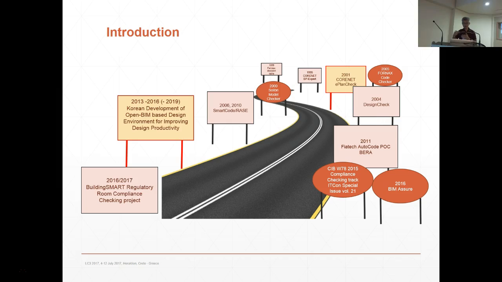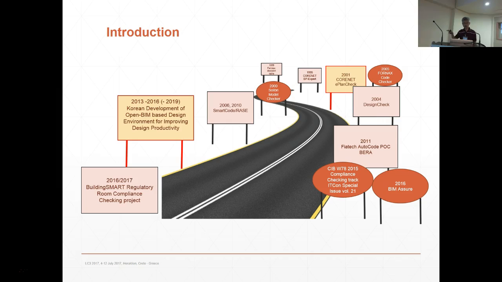Since then, we see a few other things going on. Solibri started around the same time, and then we have other research projects in Australia, DesignCheck. In the US, we have SmartCodes or FIATECH. Then I think probably the recent significant attempt is done in Korea with KBIM.